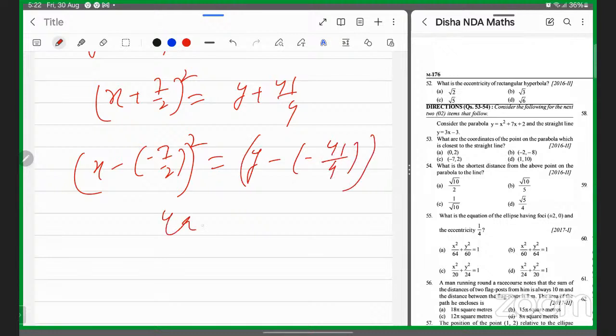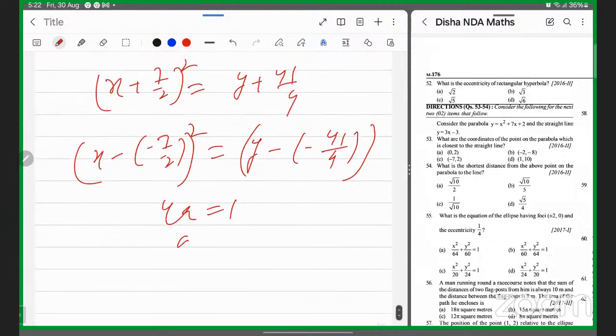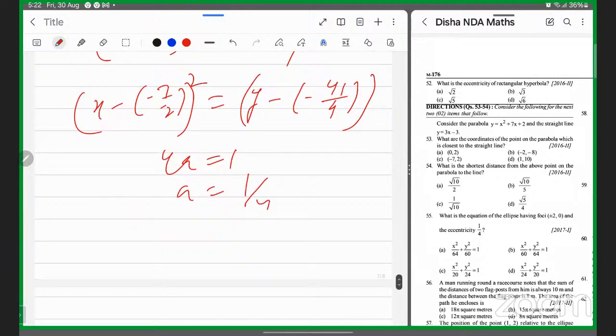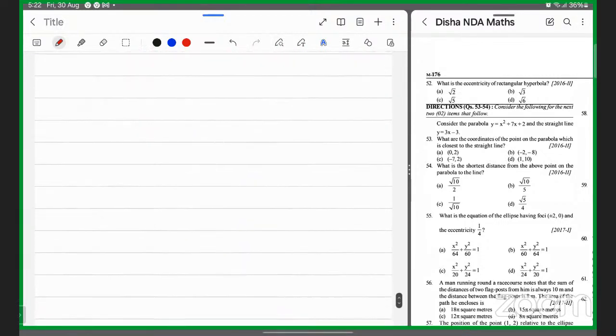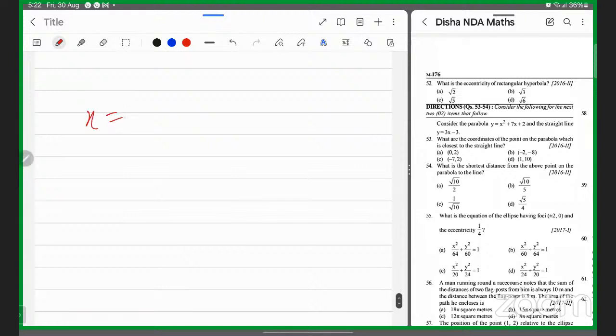In place of 4a, I have 1. So we'll get a equal to 1 by 4. Any problem? And in place of x1, I will get minus 7 by 2. So here I will put x equal to minus 7 by 2, and in place of a, 1 by 4. In place of m, 3, a square, 9.